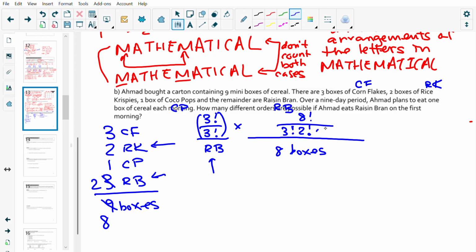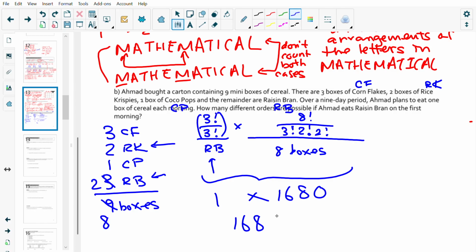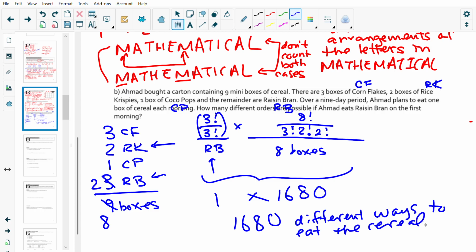And then the last one is the remaining Raisin Bran. Okay, so all of that is 1 times 1,680. So 1,680 different ways to eat the cereal.